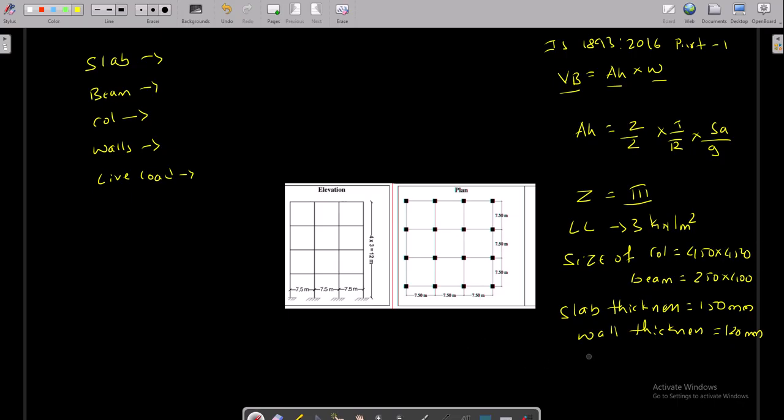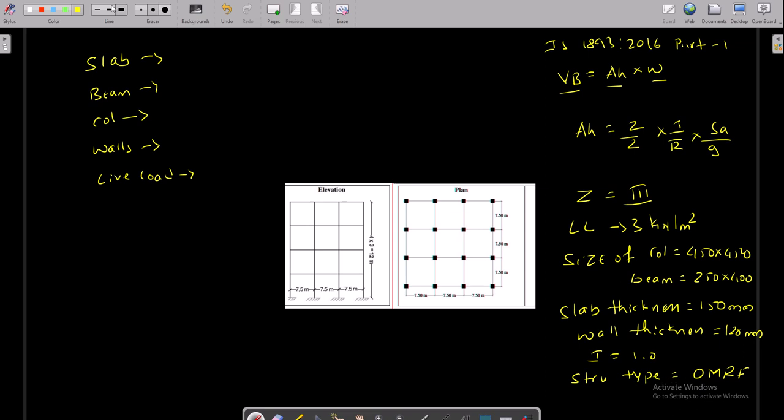The importance factor is 1, and the structure type is OMRF. OMRF is an ordinary moment resisting frame, and there is one more type, SMRF, which is a special moment resisting frame. This structure is provided with ordinary moment resisting frames.